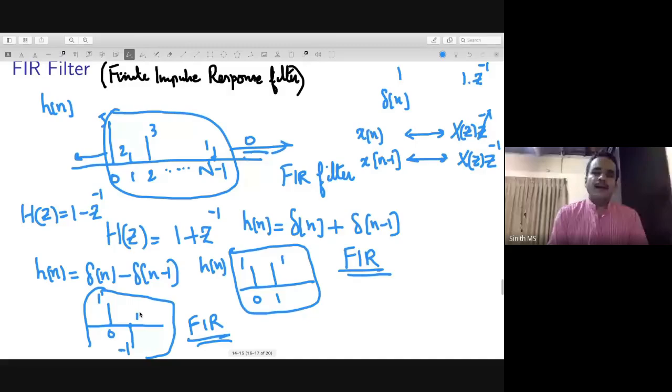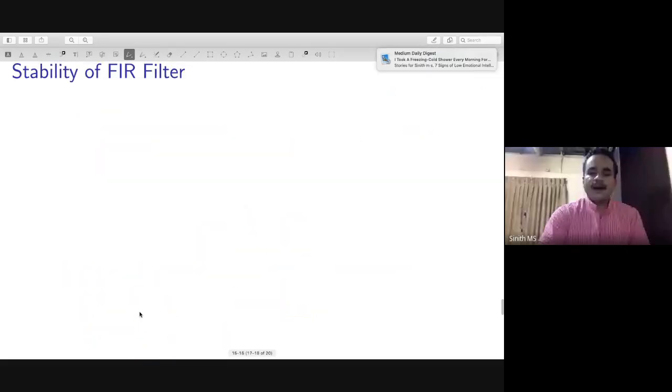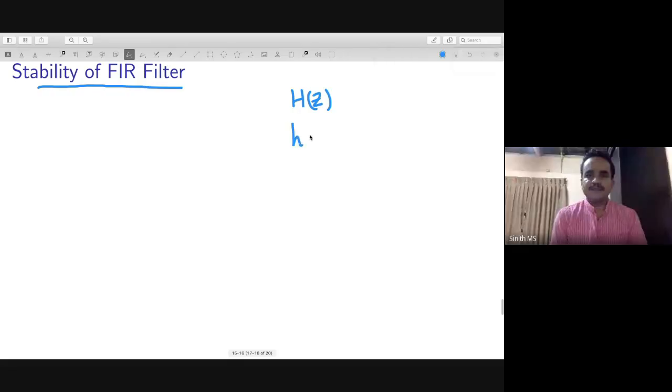So we shall see what IIR filters are. Before that, can you predict something on the stability of such FIR filters, whether they are stable or not? How will you find whether a system is stable or not, given H(z) or given h[n]? You have some criteria, right?